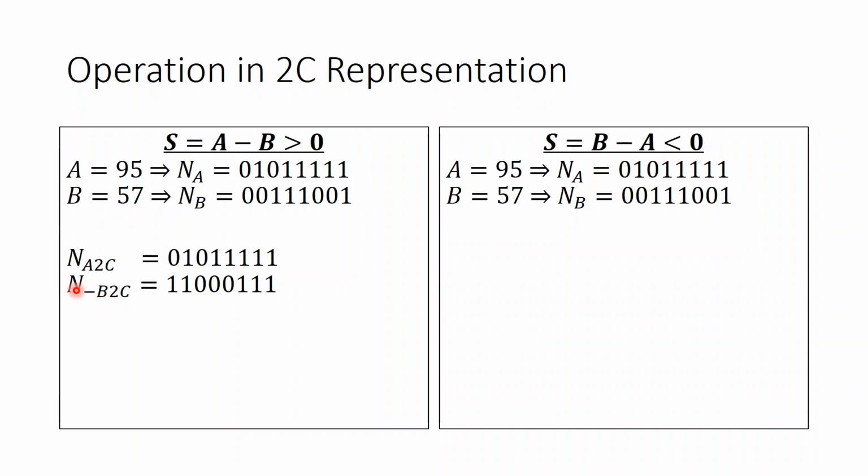So the 2's complement representation of minus b would be the 2's complement of this number, which is the 2's complement representation of plus 57.